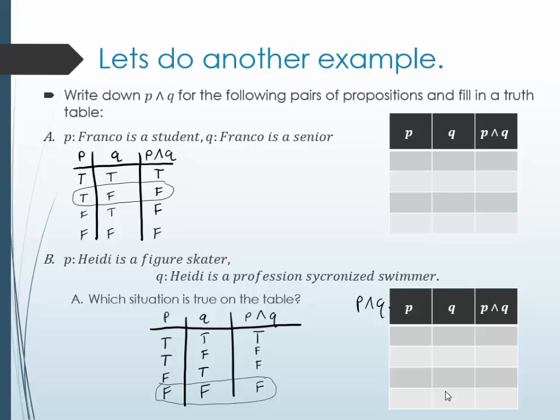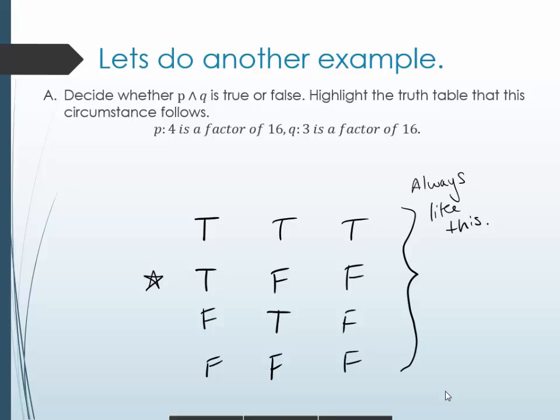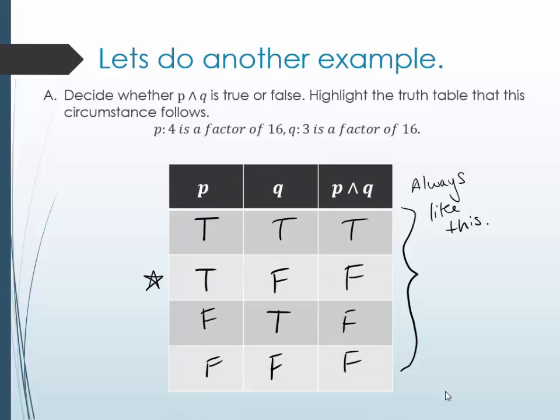And in fact, let's do another example, but the great thing about this is they're always the same thing. So we can go ahead and use that same pattern here, which is true, true, false, false, true, false, true, false, true, false, false, false. Okay? So we can follow that same pattern.